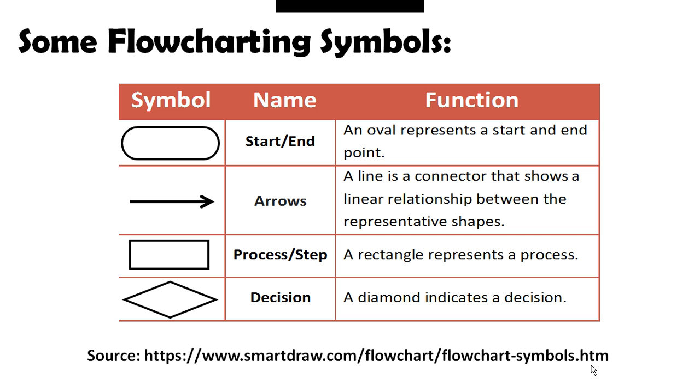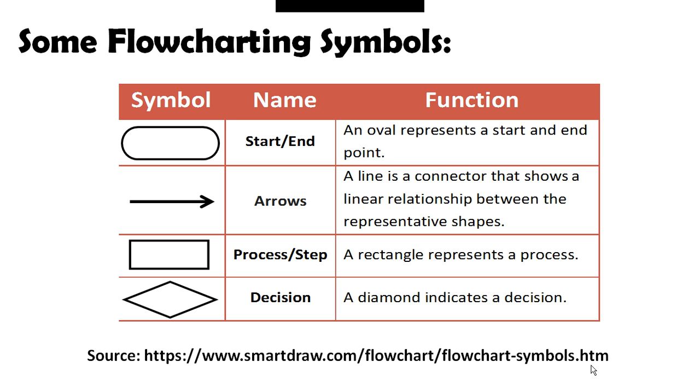So some of the popular flow charting symbols are listed here. At the top is the oval, and that represents the starting and ending point of any process. The arrows show a connector, a relationship from one action to another within the processes, and we see the rectangle as a process or a step within the process, and the diamond represents a decision that needs to be made.